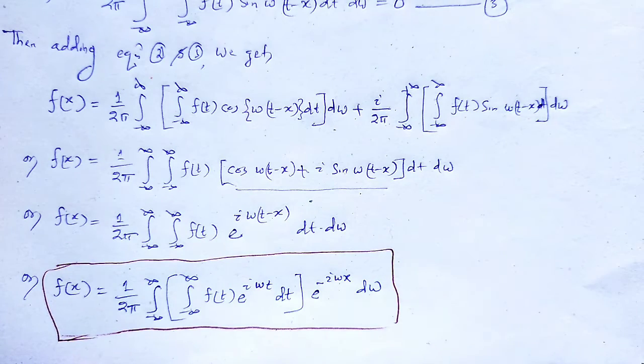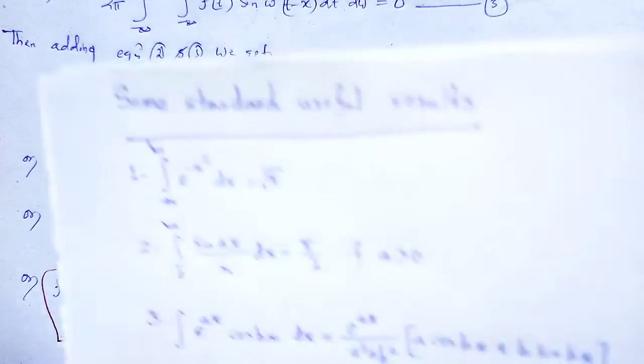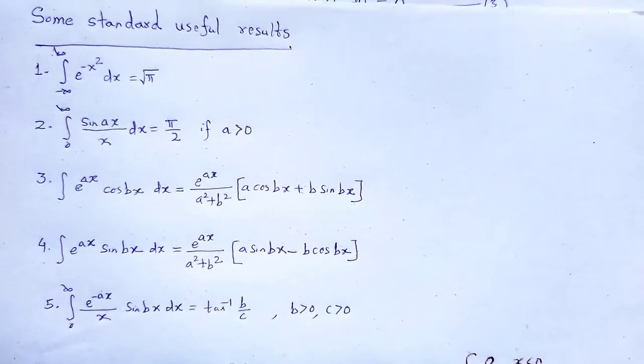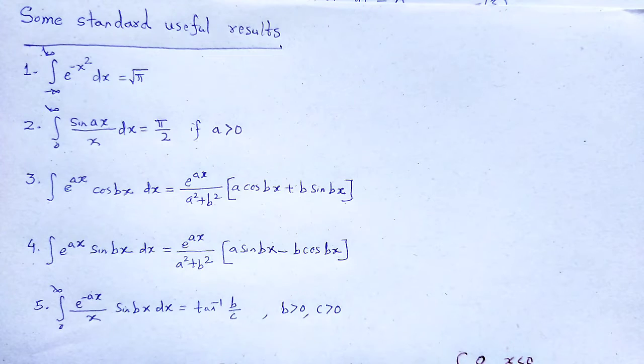Let me take an example to find the Fourier integral transform. To solve various kinds of problems in the case of Fourier integral transforms, we have to remember some standard useful results of integrals.